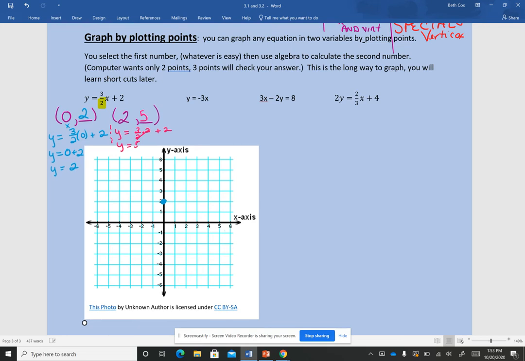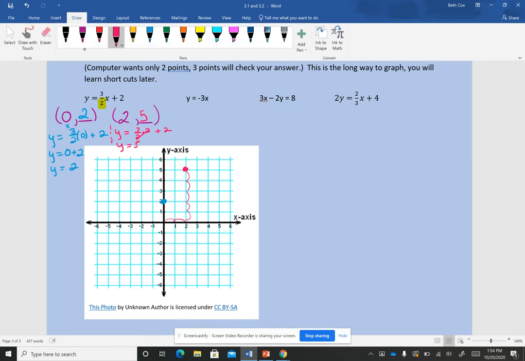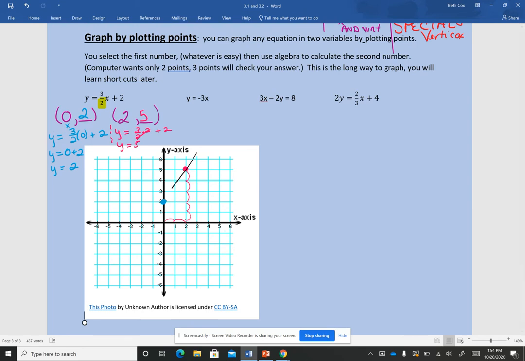So the point (2, 5), which is 2 on the x, and then 1, 2, 3, 4, 5. All right, and so then I can draw these, connect the dots, and there's my line. Okay, now, again, remember, you don't need your little humps, but they're there. All right, let's do another one.